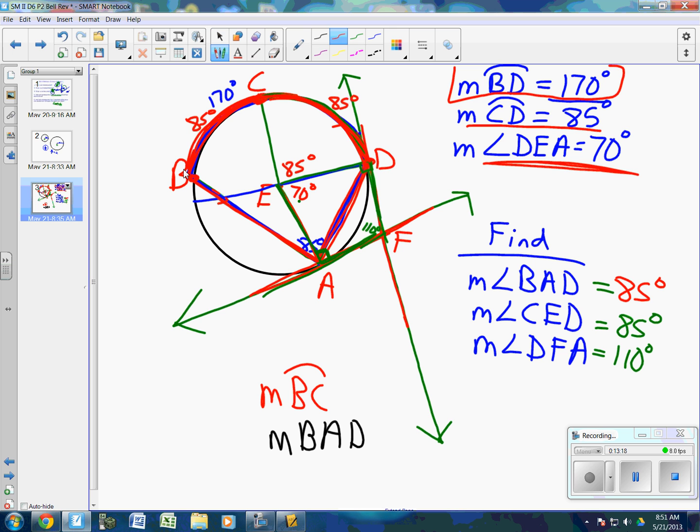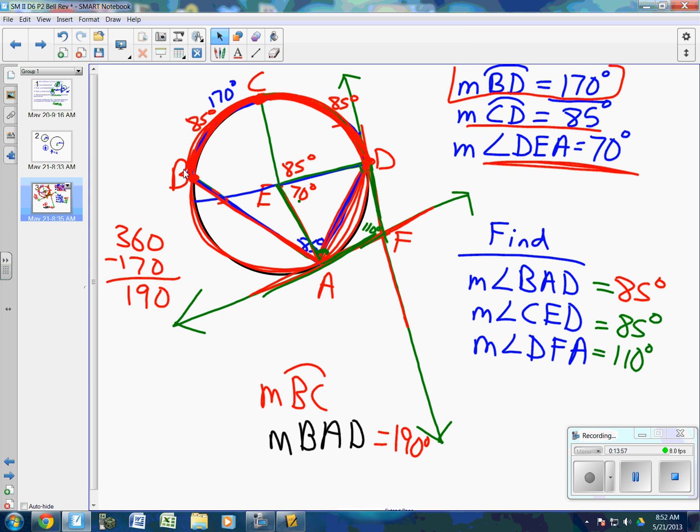Why? Yeah, the measure around the whole circle is 360, and we know that from B to D is 170. So you just subtract 170 from 360 to get BAD. 360 minus 170 is 190. We knew from B to D was 170, so BAD is 190. Got it? Okay, any questions there? Okay. All right.